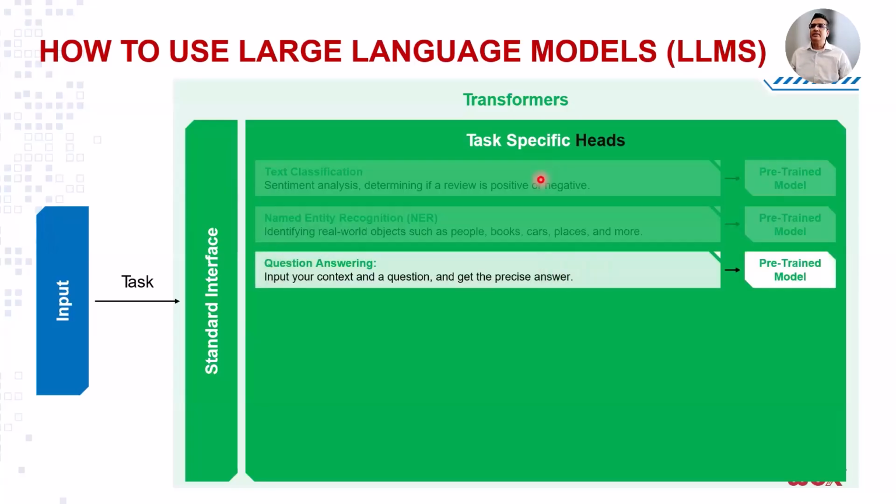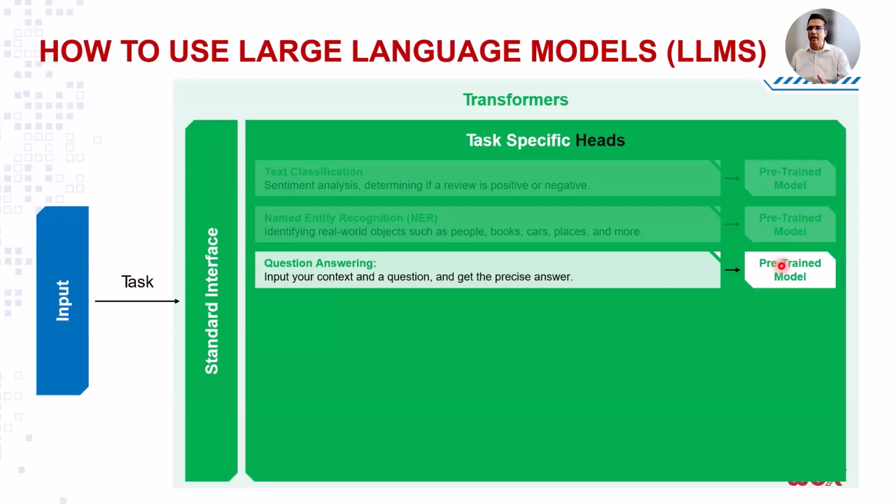Then, if you want to perform question answering, you call the task head called question answering. You provide the context and you provide the question, and it will give you the answer. There is a pre-trained model for it, and that task head will use that pre-trained model. So you see, for every different task you use a different task head, and that task head will use a pre-trained model.